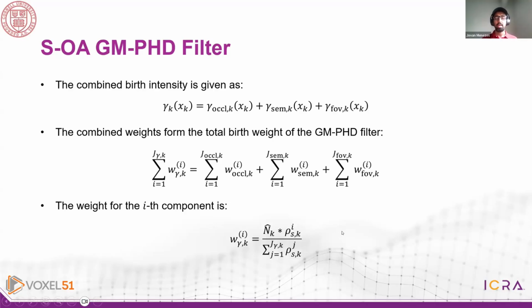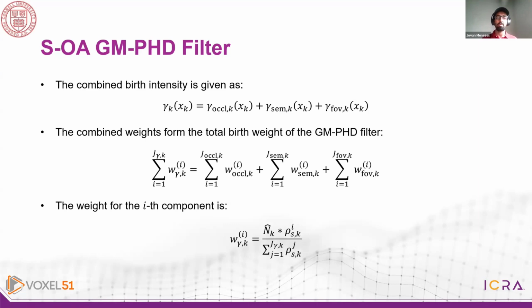How we determine the weight of each component is seen over here at the bottom. n_k hat represents the expected number of new targets that we believe would enter the sensor field of view at the current time step. Rho is a weighting factor that we use to weigh each source.